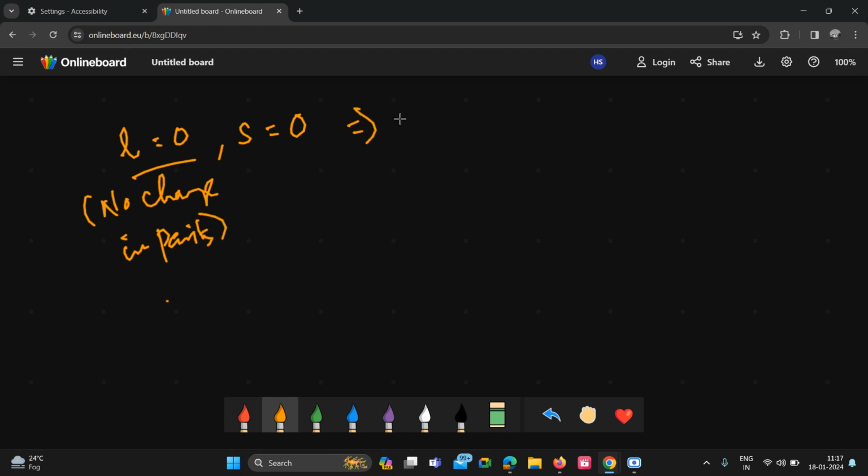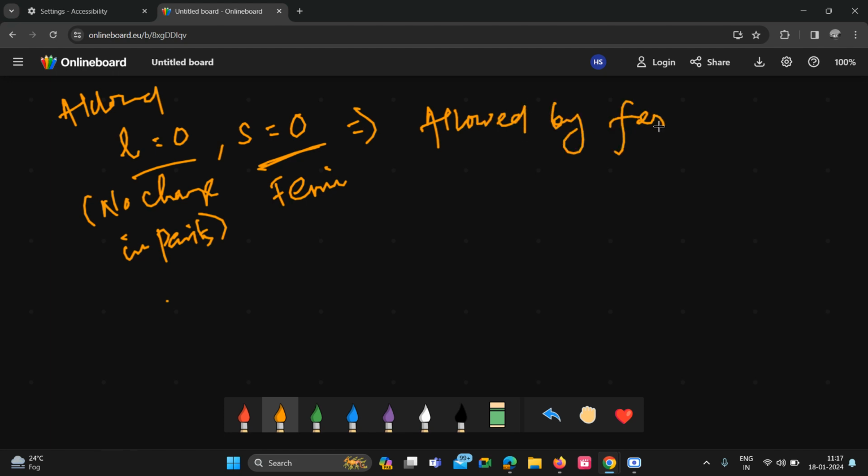So there is no change in parity, so this is allowed, and S equal to 0 means Fermi, so I can write it as allowed by Fermi.